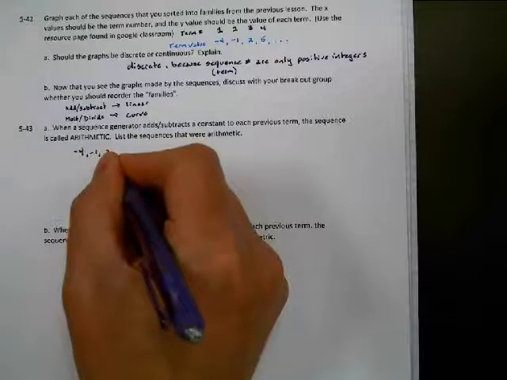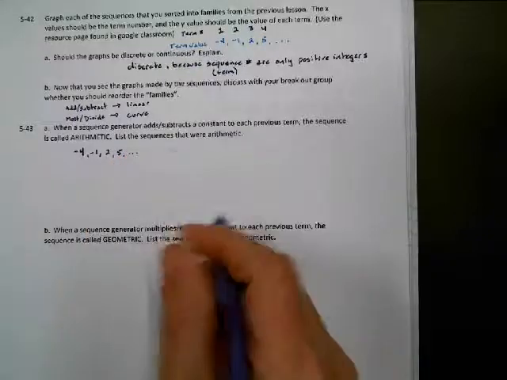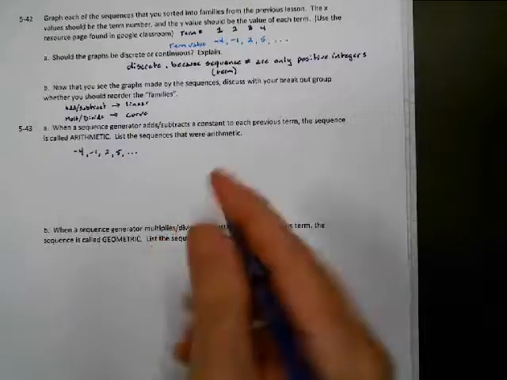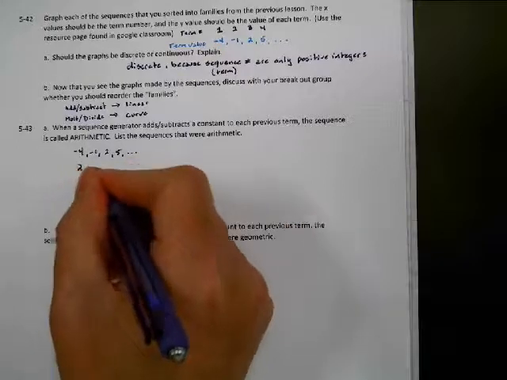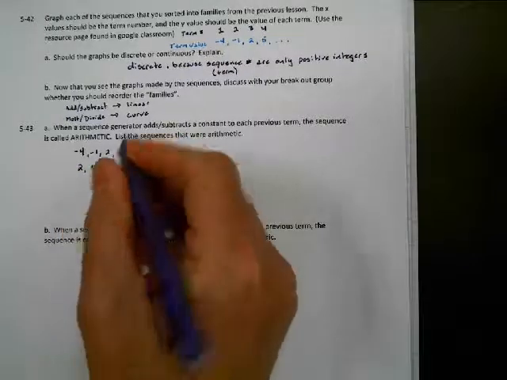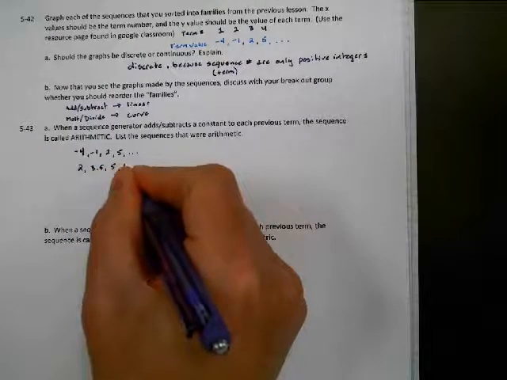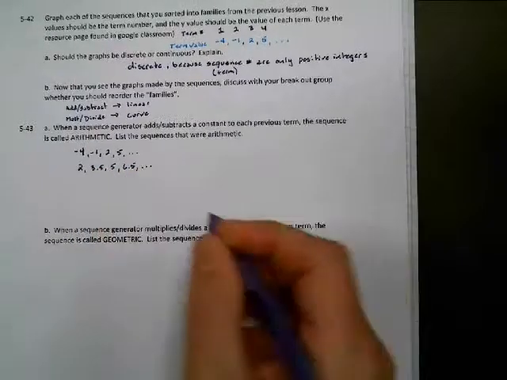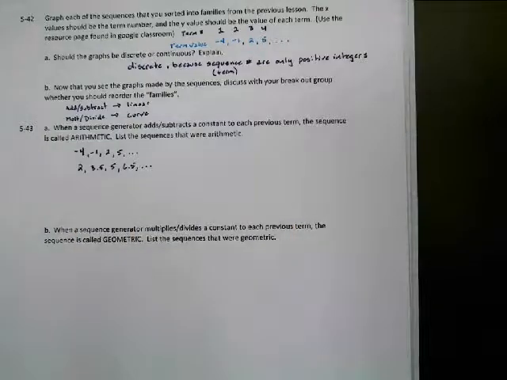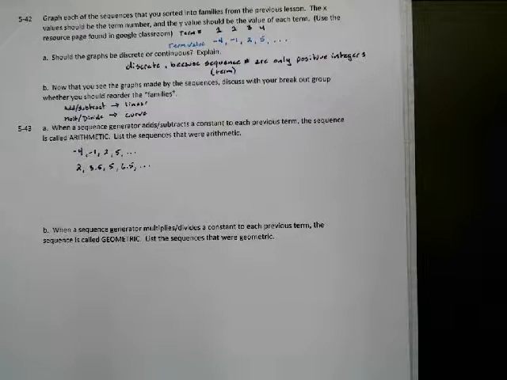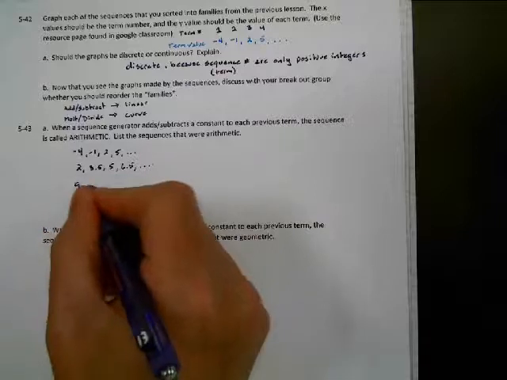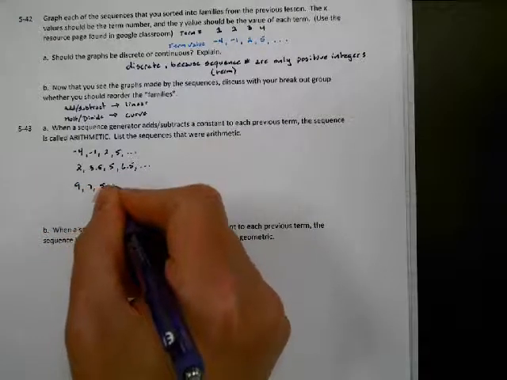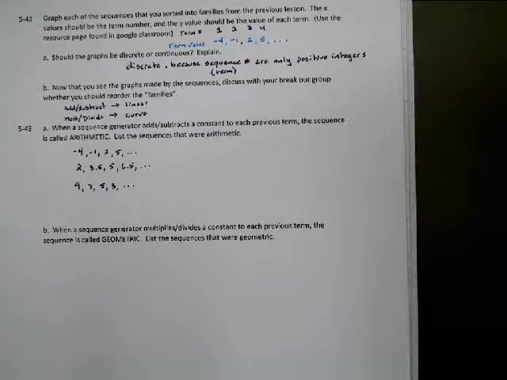Next one was D, which was 2, 3.5, 5, 6.5. We saw that one was adding 1.5 each time, so that's arithmetic. The next one was F. F was subtracting 2 each time, so it went from 9 to 7 to 5 to 3. So those would be our arithmetic sequences because we're adding or subtracting some number to the previous term to get the next term.